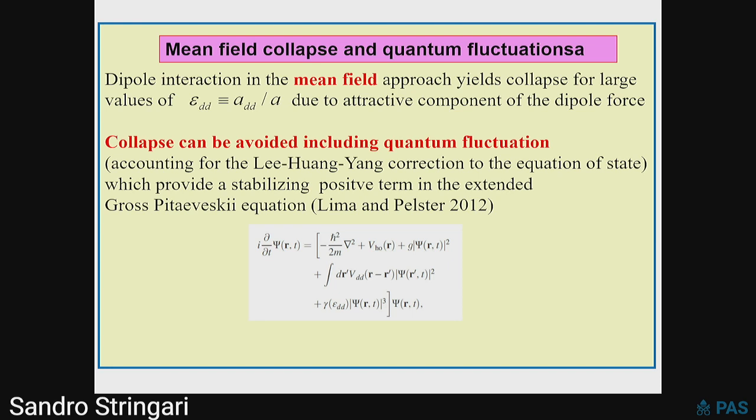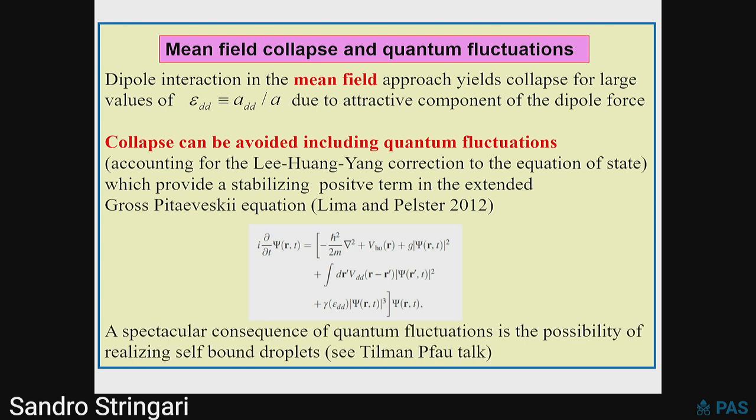The final result is expressed in a new formulation of the Gross-Pitaevskii equation for these atomic gases, which contains, in addition to the two-body density interaction, also the effects of quantum fluctuations, which are crucial to establish the equilibrium properties also for large intensity of the dipolar force.